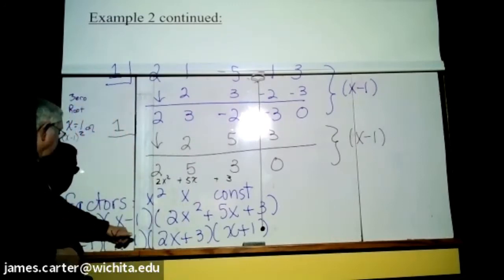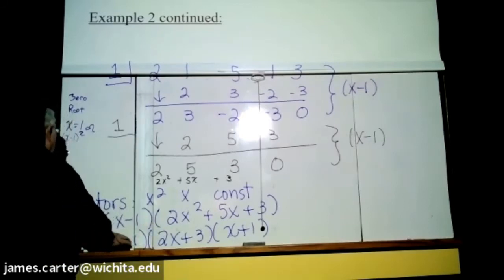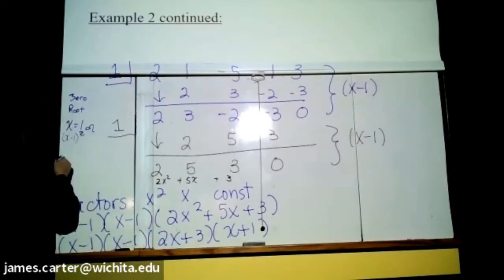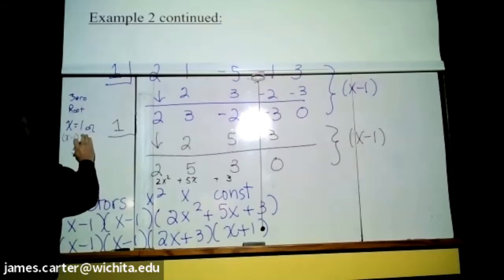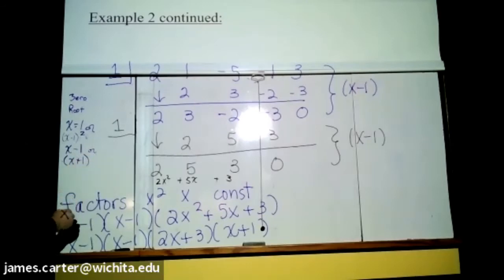So we got these 4 terms. This one becomes a 3rd power because we've got x minus 1. Oops, that's x plus 1. So that's a 2. And we've got x plus 1 as a factor, and then 2x plus 3.